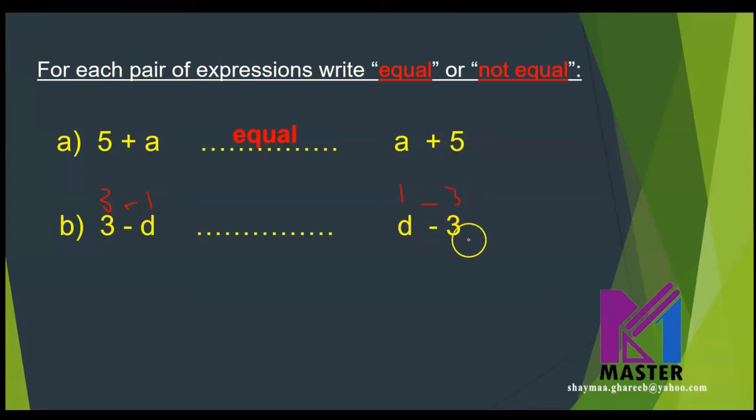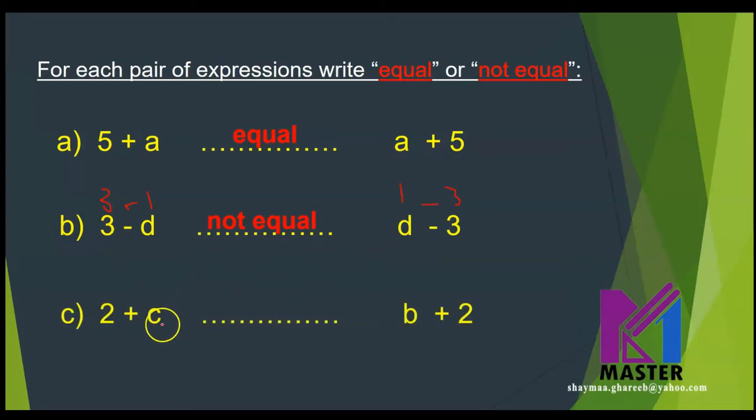Of course not. In subtraction, the order is very important. Okay? So they are not equal, because we know here 3 minus 1 equals 2, but 1 minus 3 equals negative 2. Okay? So both expressions are not equal.